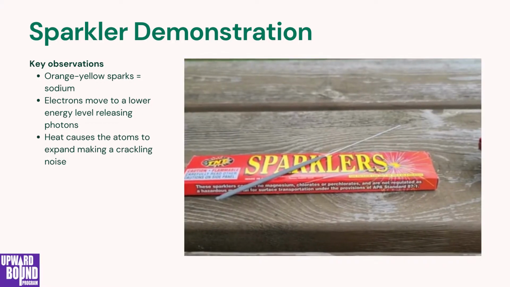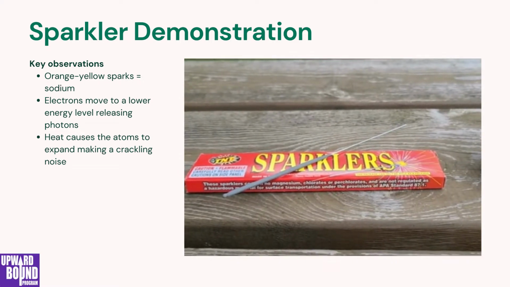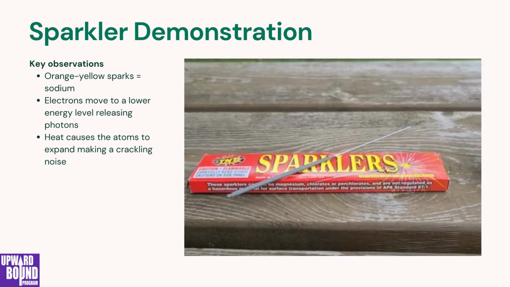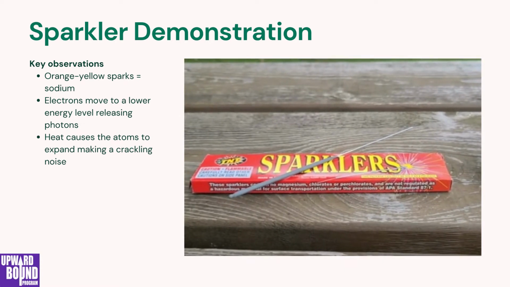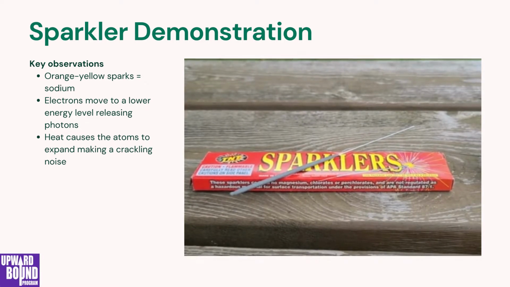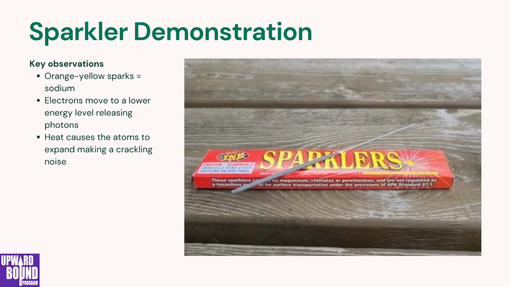The first one that we're going to take a look at today is the sparkler. The sparkler uses a chemical reaction known as the combustion reaction, in which oxygen and a substance burn, and as this substance burns, it releases energy in the form of light, heat, and sound.